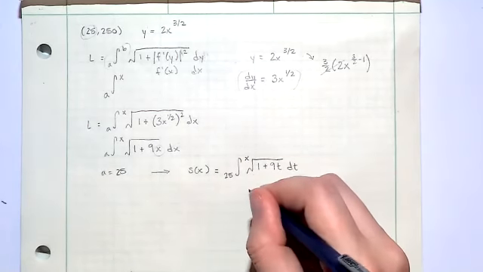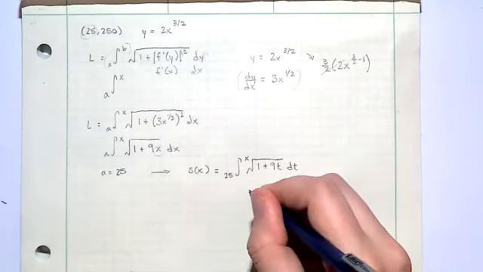So let's see, we can rewrite this as 1 plus 9t to an exponent of 1/2. Then, let's see, what's going to pop out in front? The 9 will pop out in front.